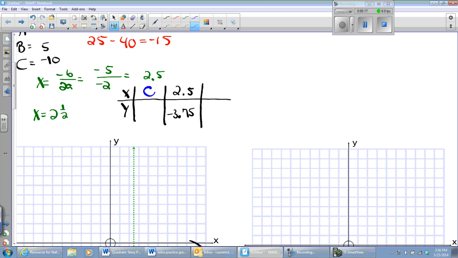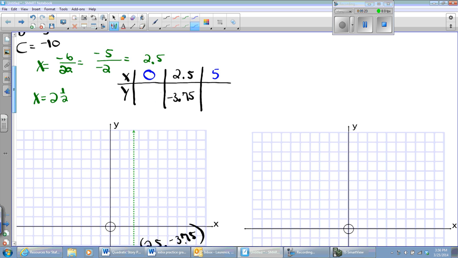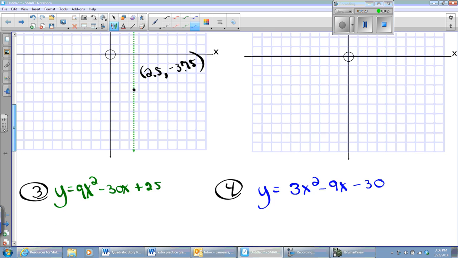So now I'm going to put 0 in for x, and I'm also going to put 5 in because of symmetry. When I put 0 in for x, I get negative 10 out. When I put 5 in, I'll have to get negative 10 out due to symmetry. So I can graph 0, negative 10, and 5, negative 10, and now you get to watch me draw parabolas again.